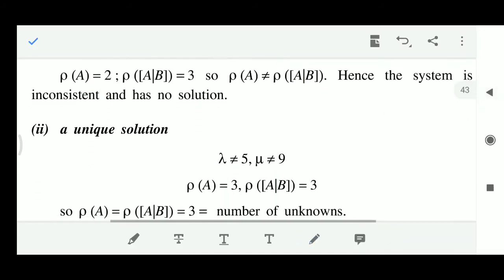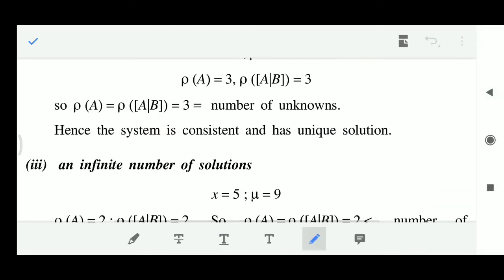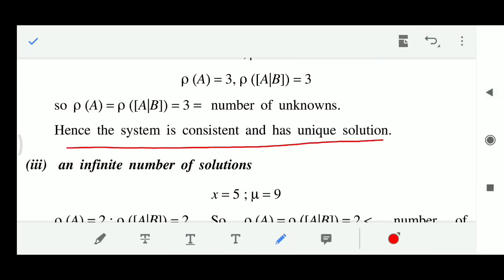So the system is inconsistent and has no solution. In second condition, for unique solution, lambda is not equal to 5 and mu is not equal to 9. Then only you will get the rank of A as well as the rank of A slash B is equal to 3. So therefore the system is consistent and has unique solution.